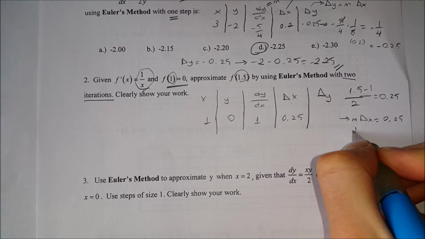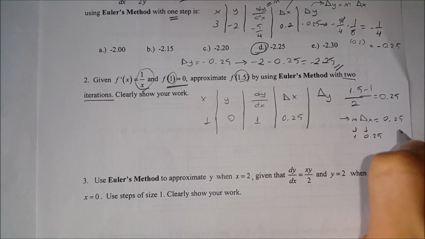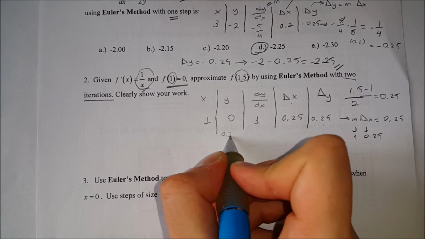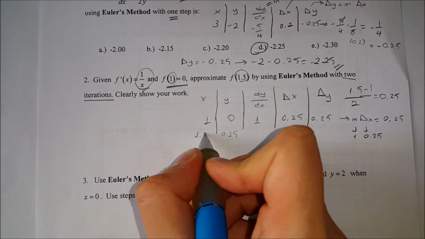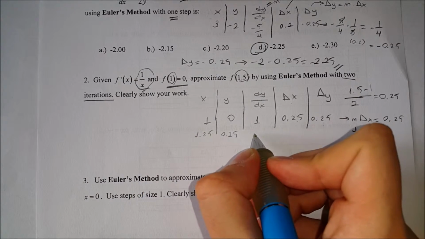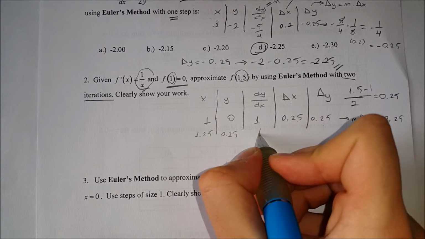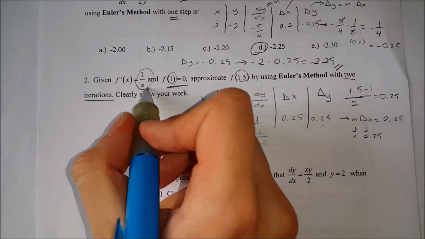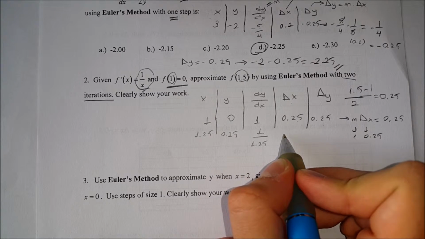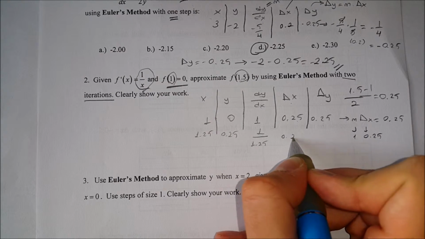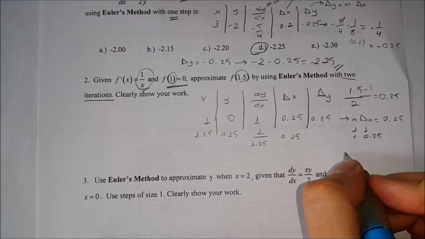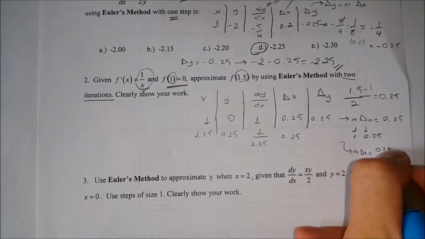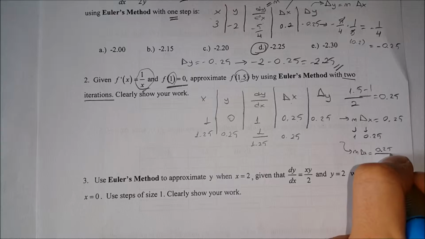So we need each step to be 0.25. So our delta x is 0.25 and our delta y is the slope times delta x, which equals again 0.25. So now our initial y was 0 and then delta y was 0.25. So we get 0.25 for y in the next step, and 1.25 for x. Then we calculate dy over dx again and find that it's 1 over 1.25.